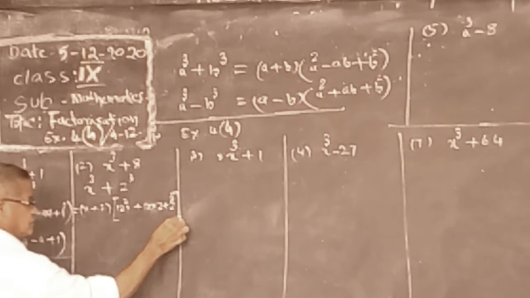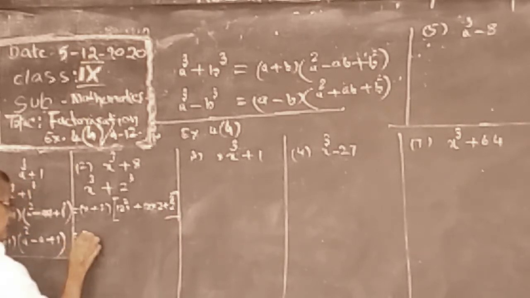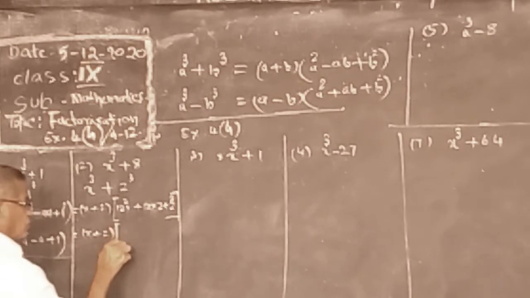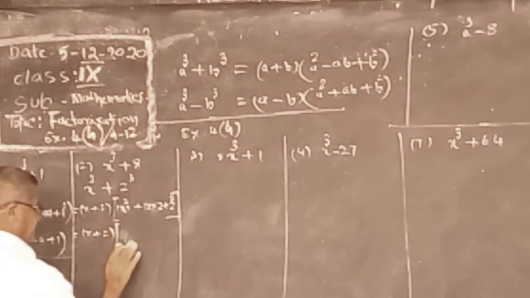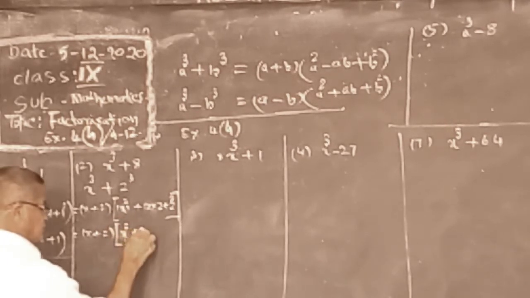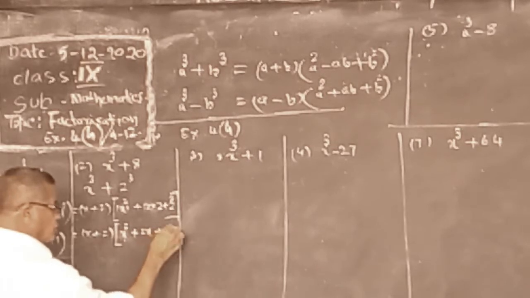Now simplify. (x plus 2) into (x squared minus 2x plus 4), like this.